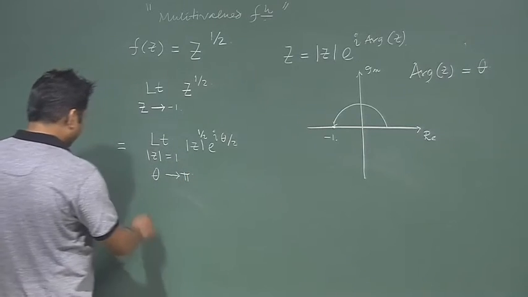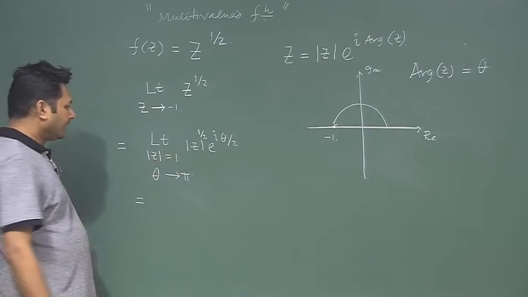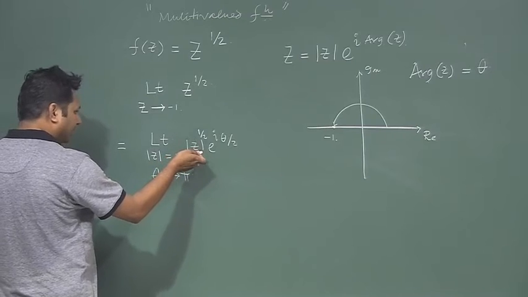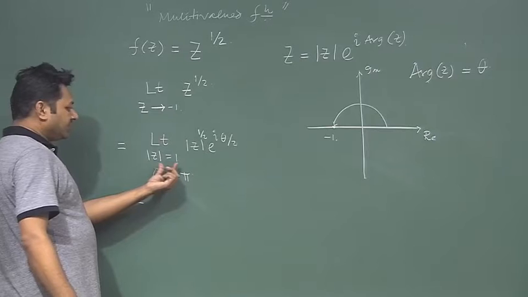Now, if I put this limit here, what essentially I am getting is mod of z I can put directly, because I am reaching this point minus 1. So, that means mod of z should be 1.